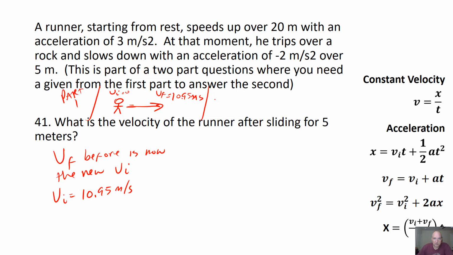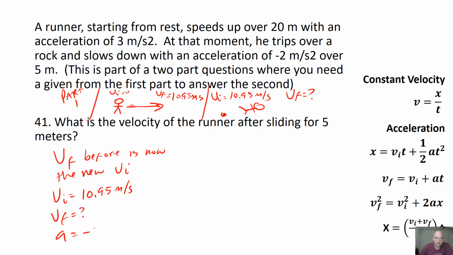But then on part 2, he's going to trip over a rock. At this point in time we have a new VI, and we're trying to find out what the velocity is at the end of this part after sliding for 5 meters. So there's going to be 5 meters it goes on. VF equals question mark.